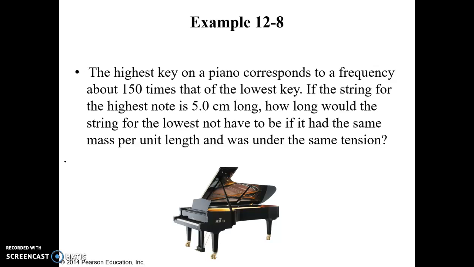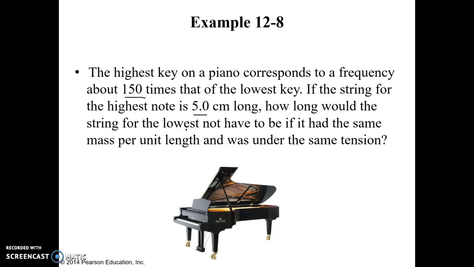The problem statement says that the highest note has a frequency 150 times higher than the frequency of the lowest string. And if the highest note's string is only 5 centimeters long, how long would the longest string need to be, assuming that it's under the same tension?